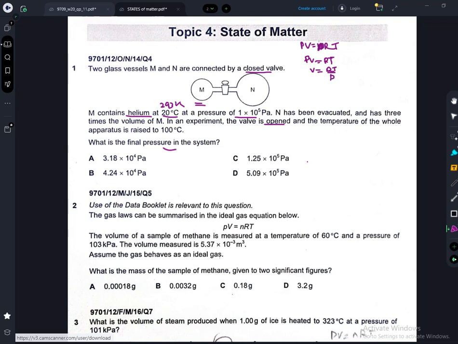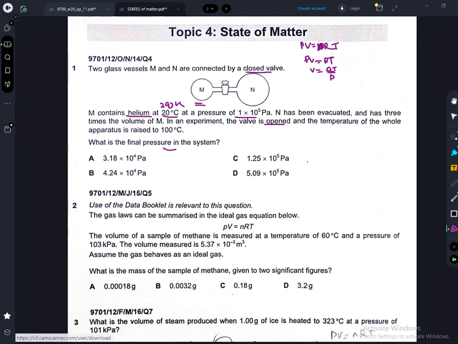So let me just put this into my calculator. 8.31 times 293, and I'm going to divide this by 1 into 10 raised to power 5. I'll be taking it in pascals, so I'm going to take this in meter cube.